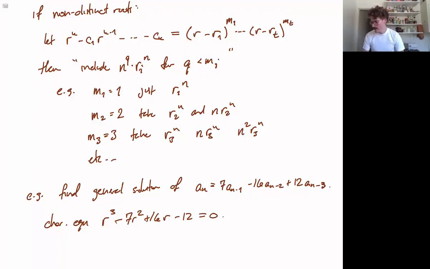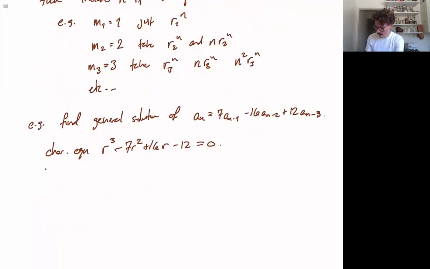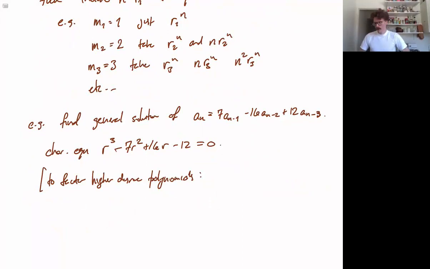So I do want to give a quick tip on how to factor higher degree polynomials. Maybe I'll write it down even. Essentially, you can take advantage of the fact that the product of the roots is the last term.